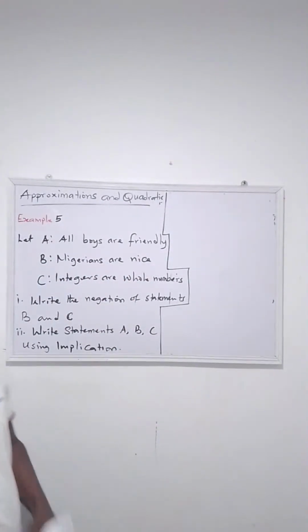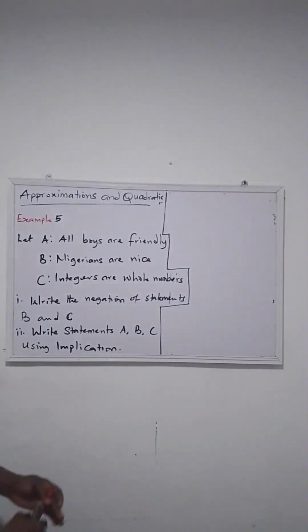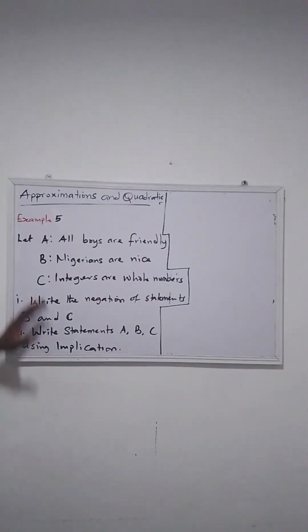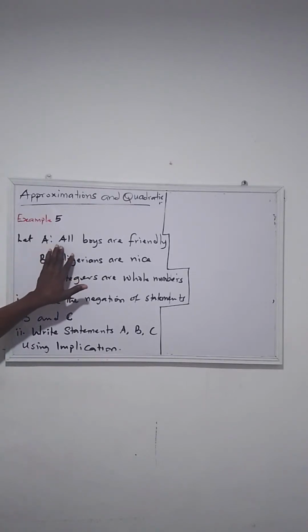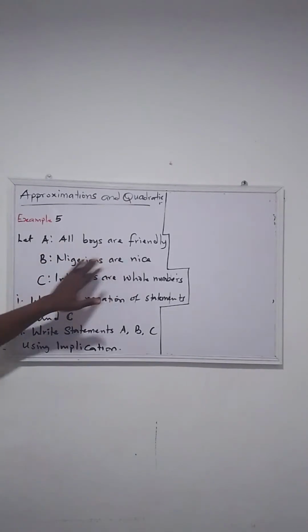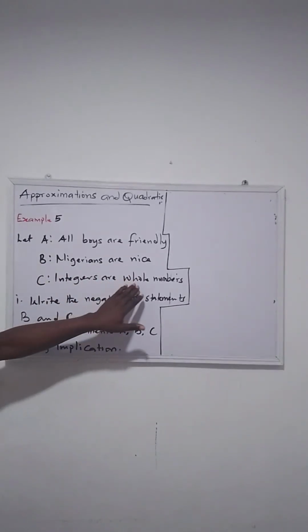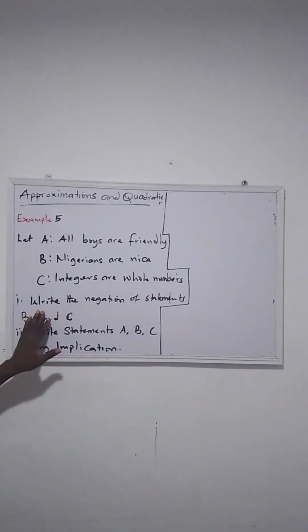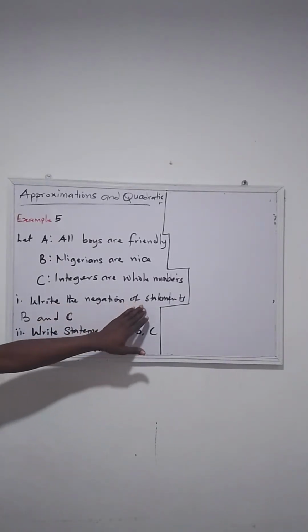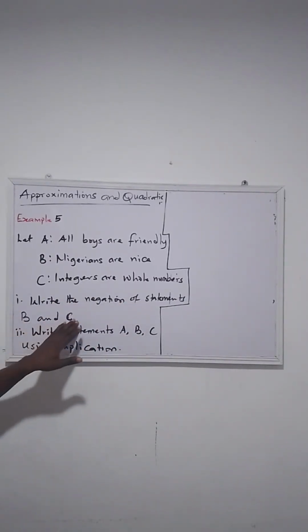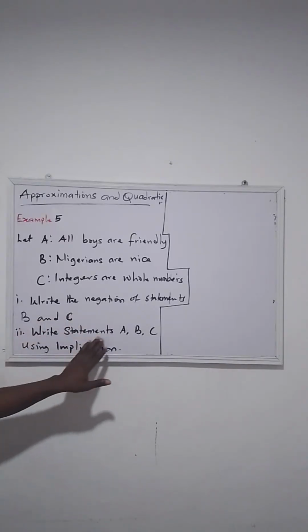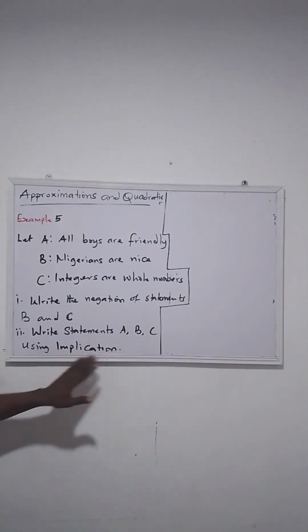So this is the next question. We have three statements here, statement A, B, and C. Statement A is all boys are friendly, B is Nigerians are nice, and C is integers are whole numbers. The question is: one, write the negation of statements B and C. And two, write statements A, B, and C using implication.